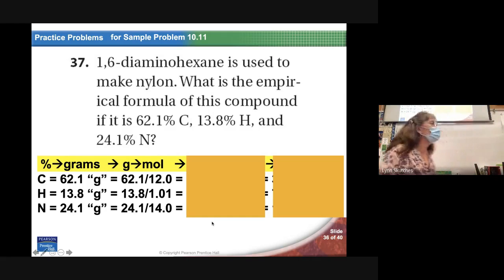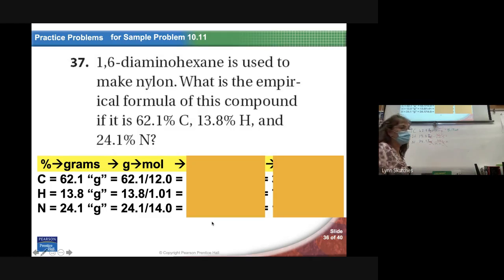So Jack Birtwistle, what'd you get for moles of carbon? Monty, did you get moles of carbon? 5.17 moles. Everybody agree? Yep. Okay.